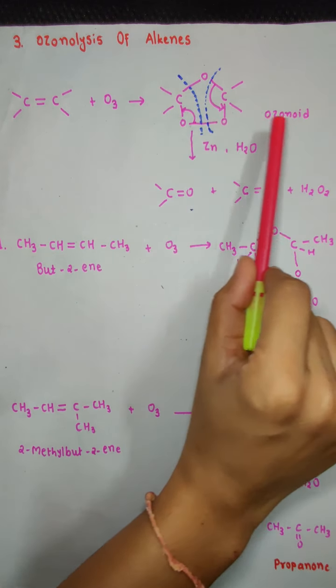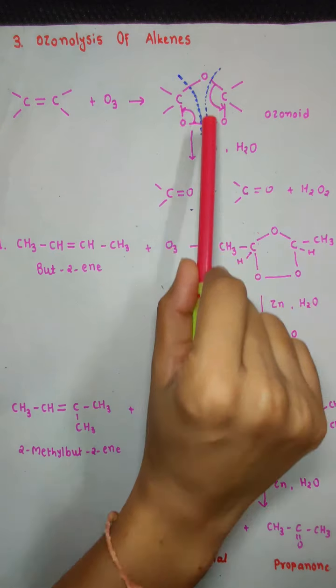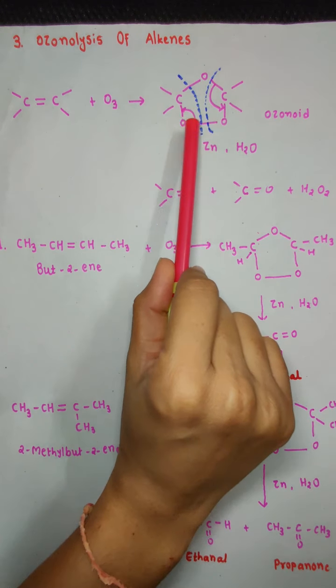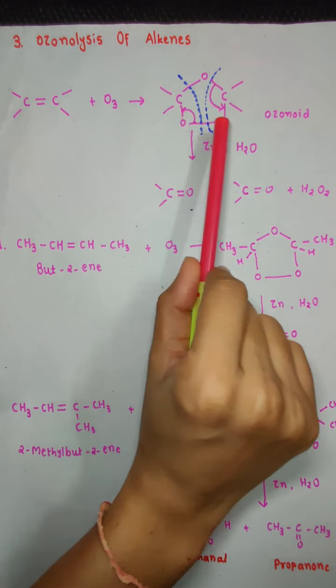Now this ozonoid derivative on treatment with zinc metal in presence of water undergoes cleavage of bonds. देखिए ये पूरा ozonoid derivative जो है वो highly unstable बन जाता है और इसमें bonds जो हैं वो सारे टूटने लग जाते हैं. So देखिए कैसे bonds की cleavage होती है. This lower bond shifts between this carbon and oxygen, and this upper bond shifts between this carbon and oxygen.